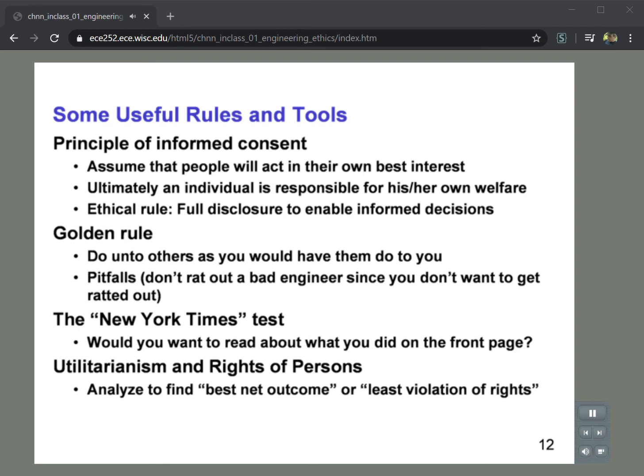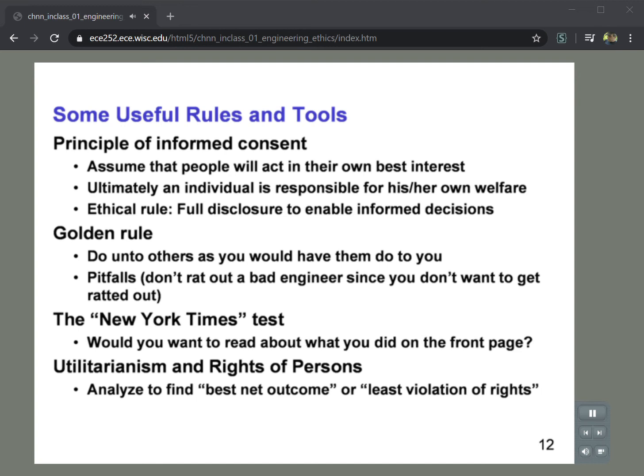Another one is possibly the golden rule. Just think about your actions in the context of doing to others as you would have them do to you. So don't do something if you wouldn't want to have that same thing done to you. Of course, this doesn't always work. An obvious pitfall would be you discover that your coworker is doing a poor job on a particular project, but you decide, oh well, I'm not going to rat them out.